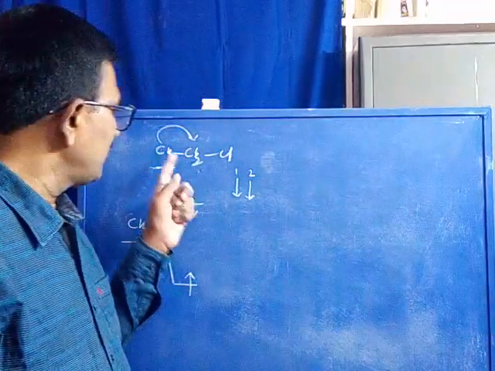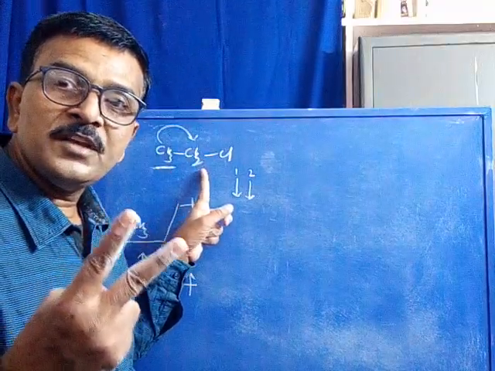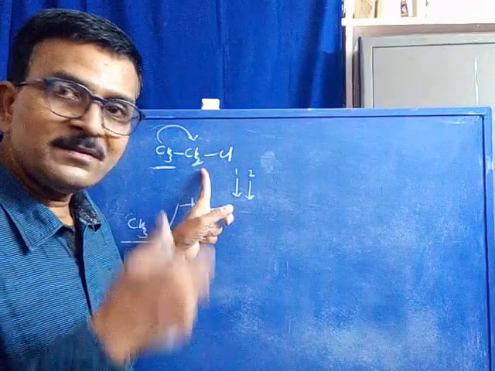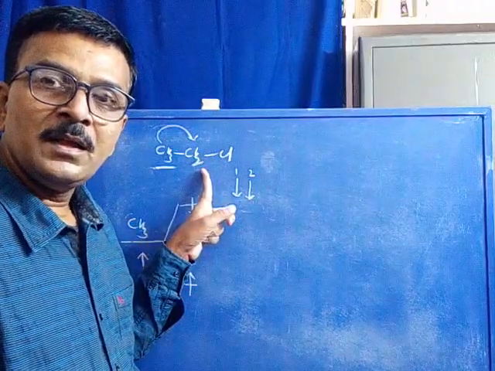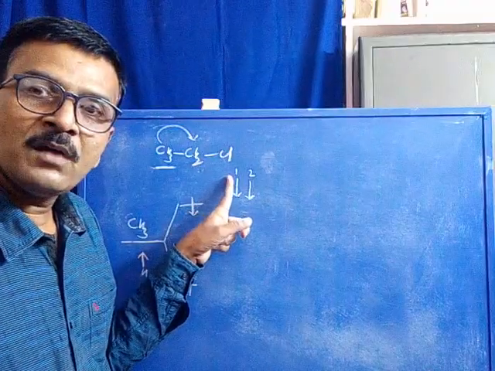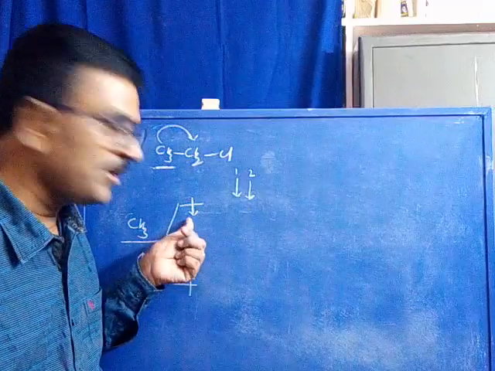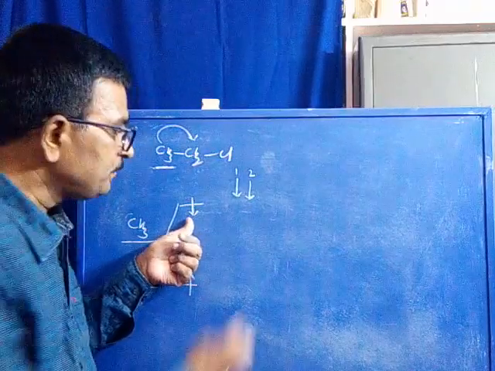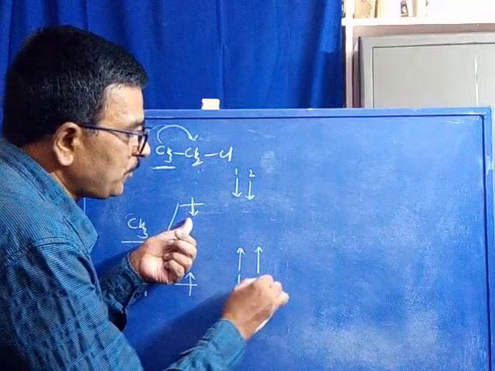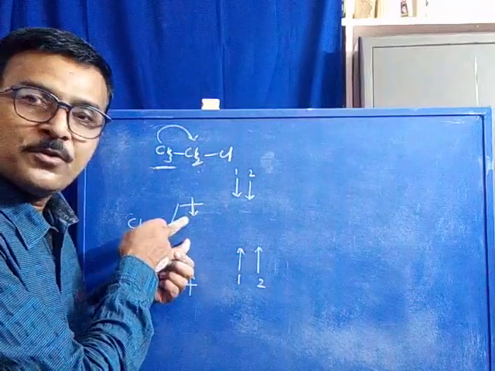When CH3 is coupled with CH2, the two protons of CH2 are oriented in different ways. Let us work out what orientations are possible for CH2. The first proton of CH2 and the second proton of CH2 are oriented parallel with respect to this, or both protons, first proton and second proton of CH2, may be oriented anti-parallel with respect to this.